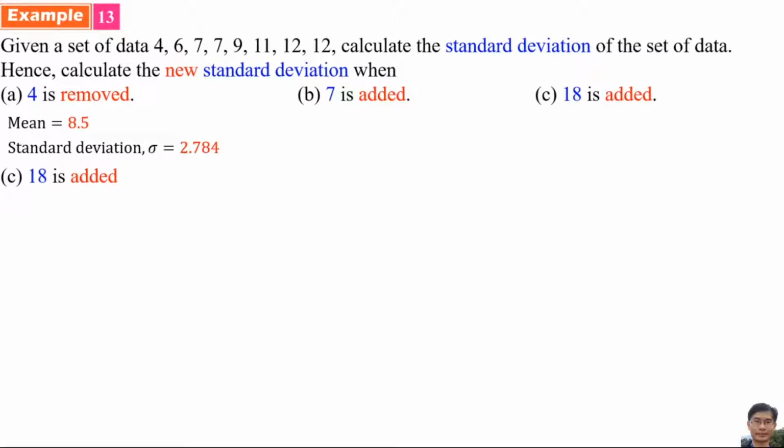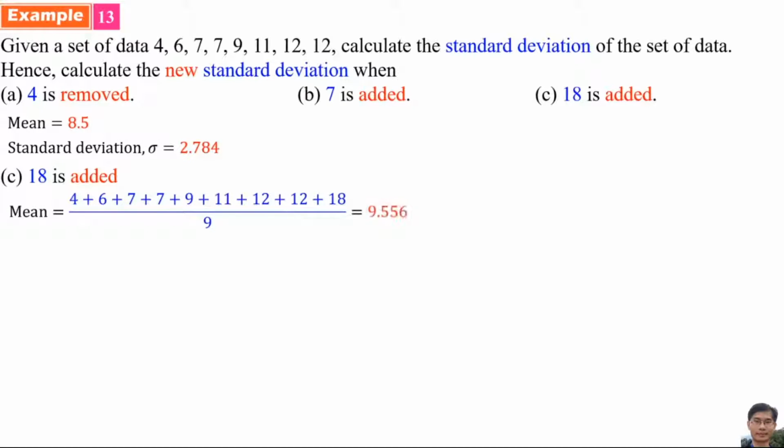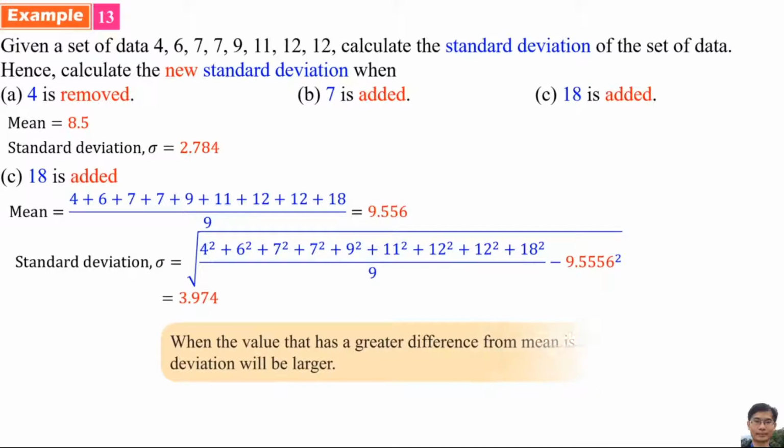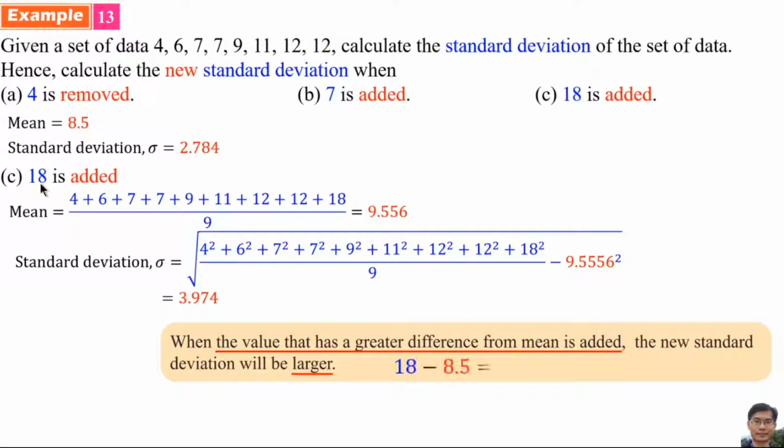C. 18 is added, so the mean becomes 9.556, and the standard deviation becomes 3.974. When a value that has a greater difference from the mean is added, the new standard deviation will be larger. The value has a greater difference. The value added is 18.